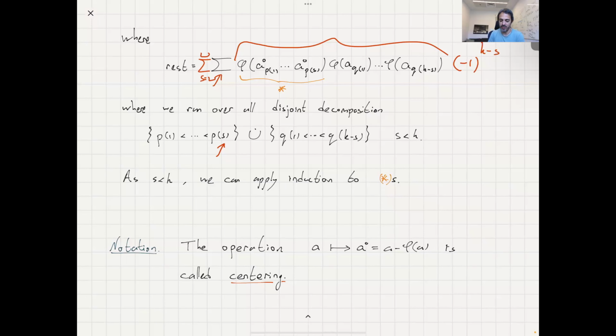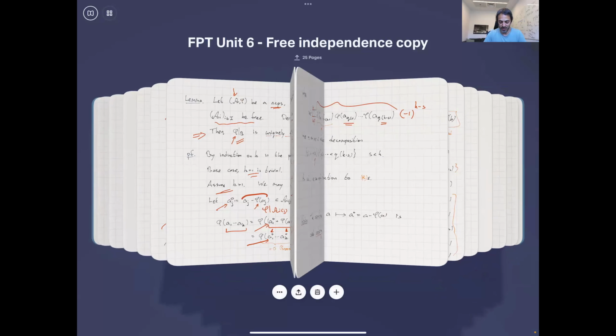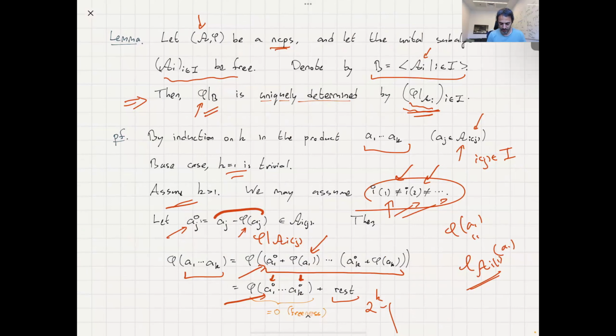Within this phi, you choose the phis, and the phis are numbers, so they will slide outside.